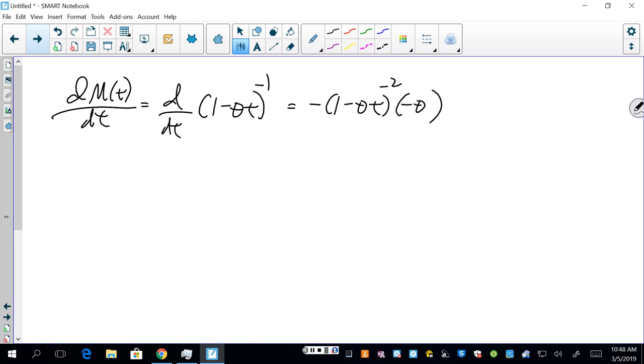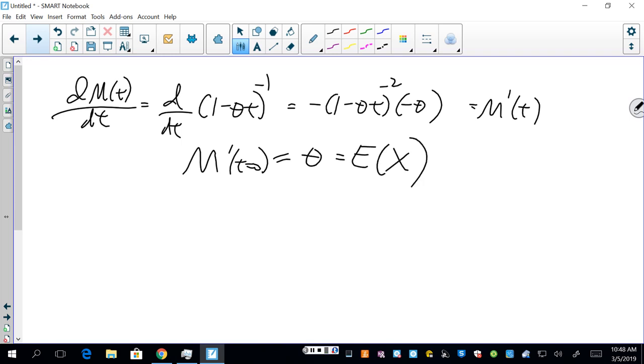And that's this first derivative. So if you set t equals 0 in that, we're just left with 0, that's just 1. That doesn't impact things. Then minus minus, you get rid of those, and you're back to θ. And that was the expectation value of x. And so the moments could be used. If we took a second derivative, we get a second moment, and so on. And keep going.